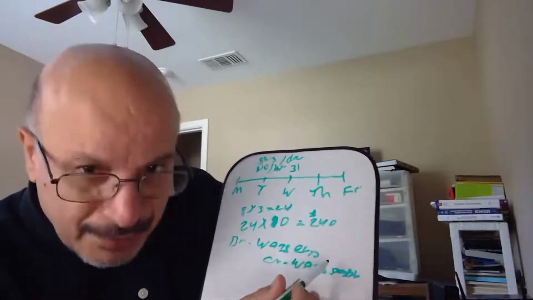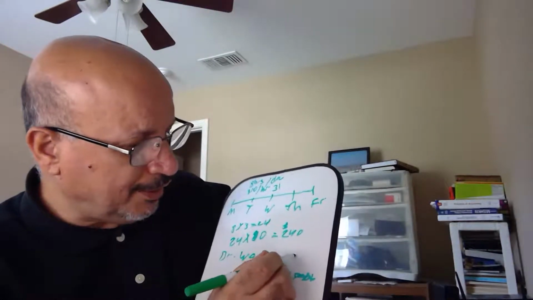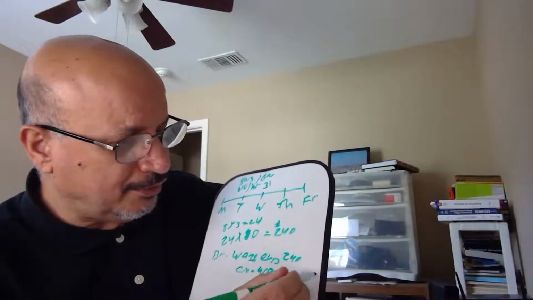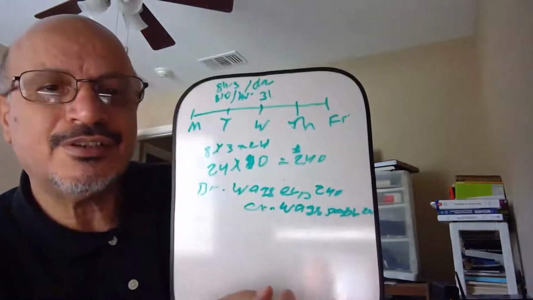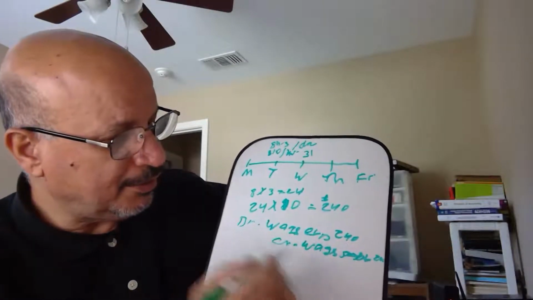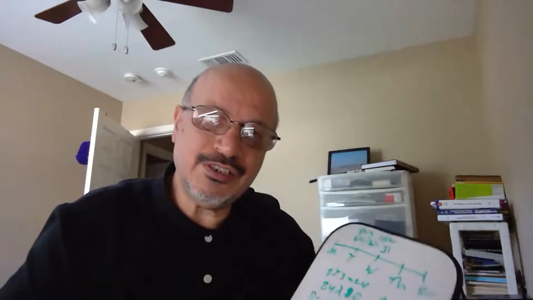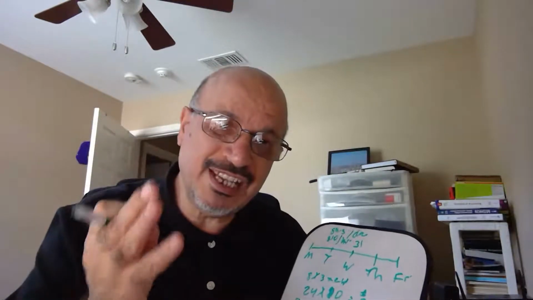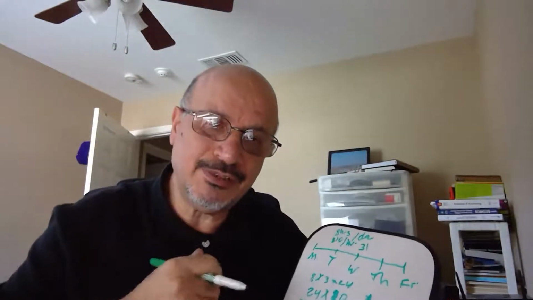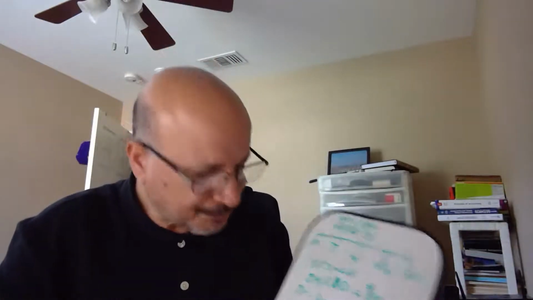Debit wages expense, credit wages payable for $240. That's because the convenience store must include those 3 days in their current period. Therefore, they have to reflect it in their books.